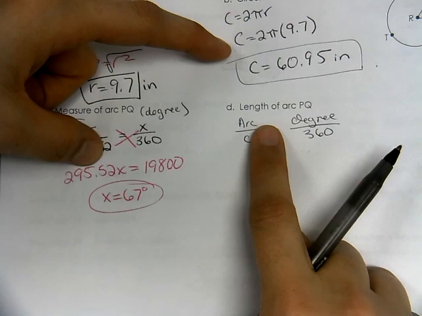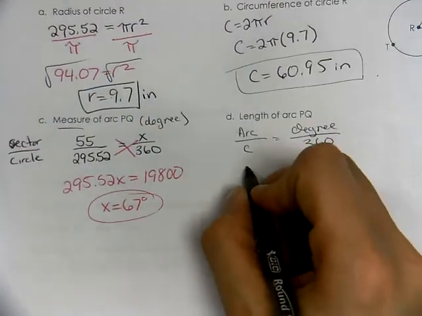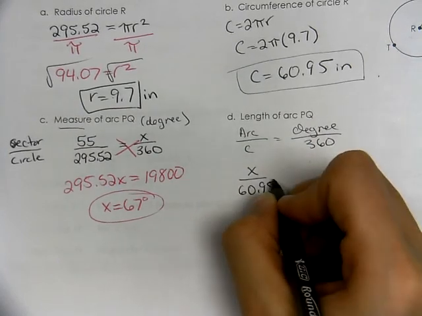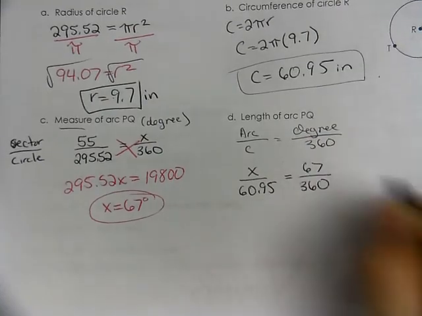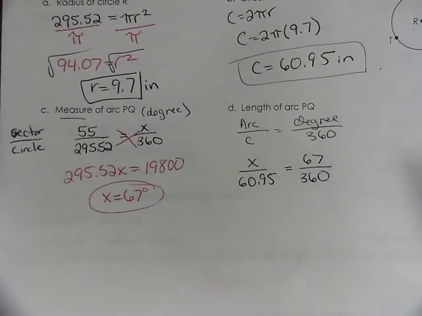Does that make sense? This is like your homework. So it'd be x over 60.95 equals 67 over 360. So I just used the stuff I already had in the problem.